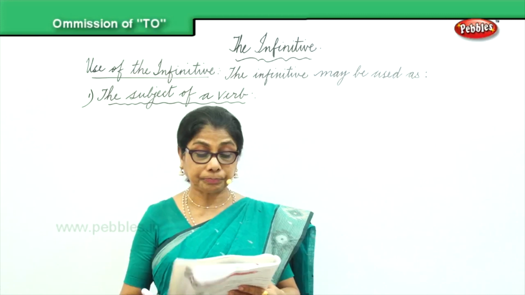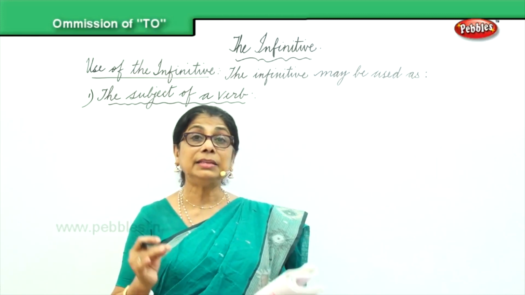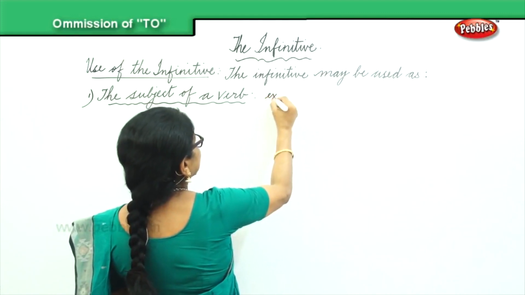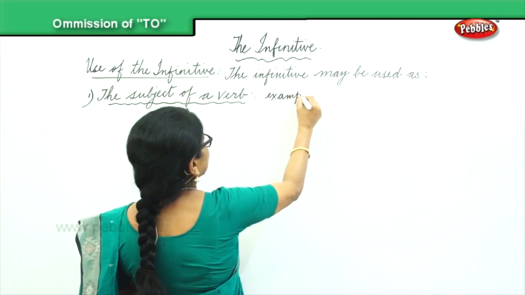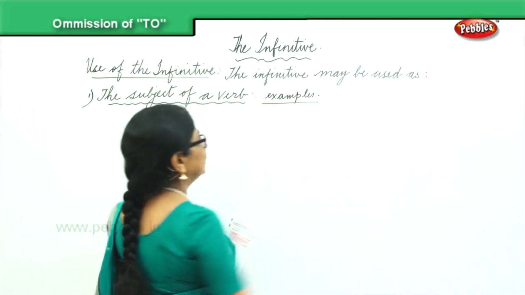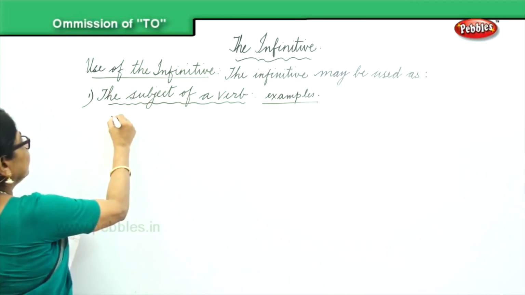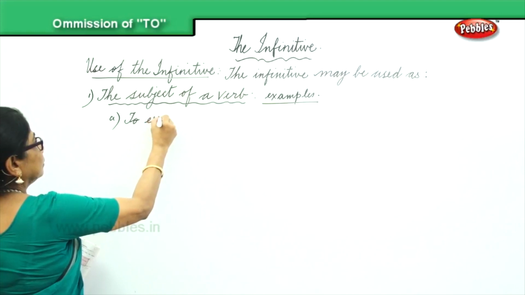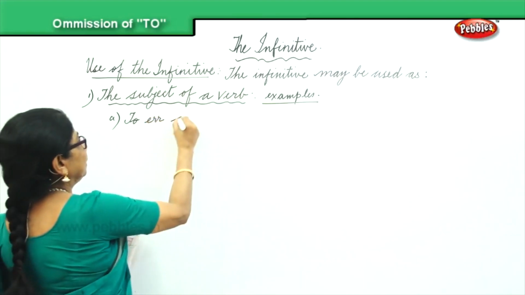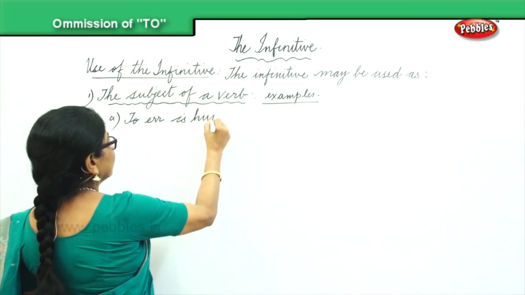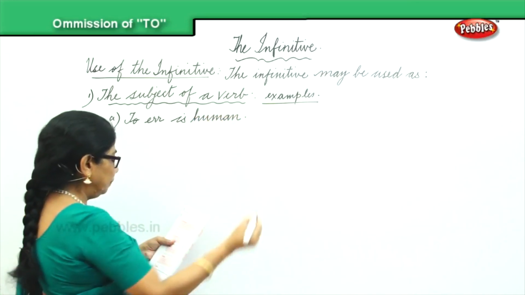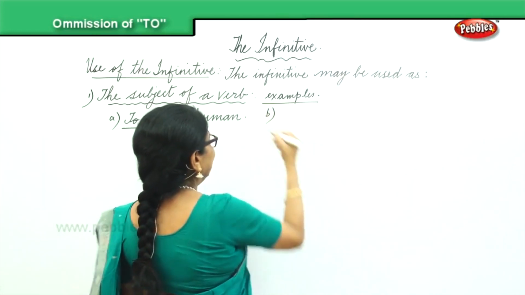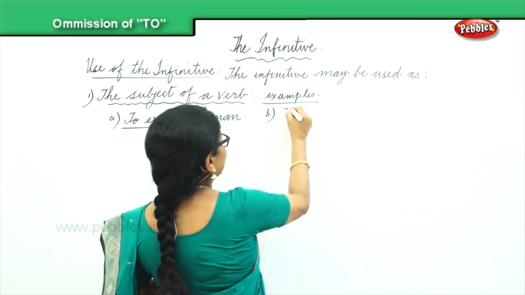For example, to err is human. We have 2 examples here. A, to err is human. To err, to make a mistake. And the second example here is to forgive.